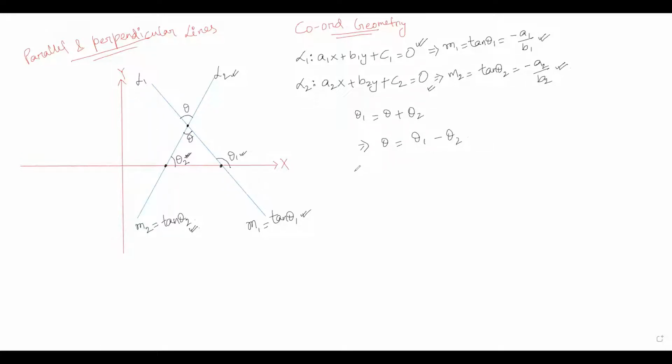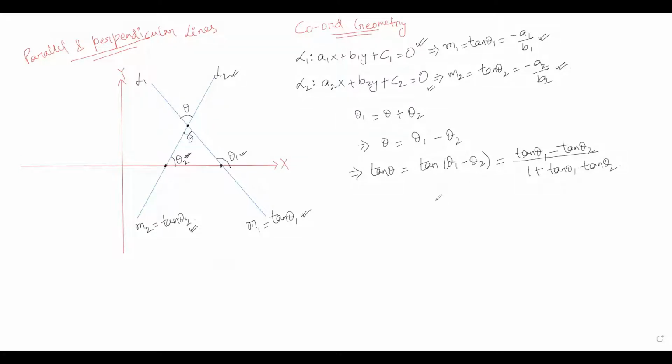Now, if we take tangent on both sides, in that case, tan theta would be equal to tan of θ1 minus θ2. Now, if we use the formula of tan a minus b, this would be tan θ1 minus tan θ2 upon 1 plus tan θ1 times tan θ2.